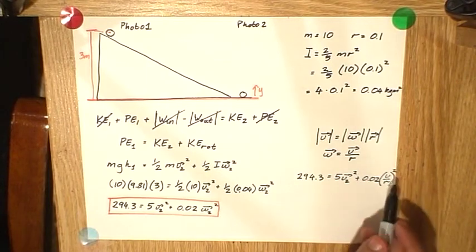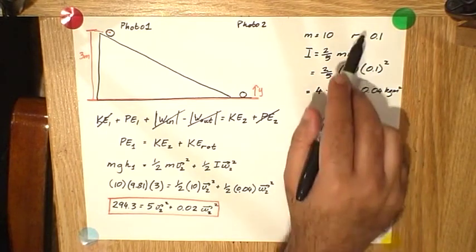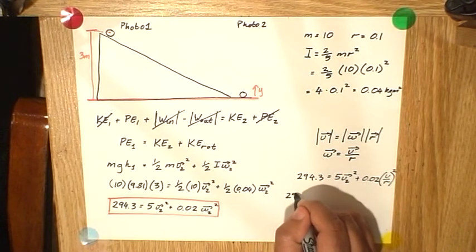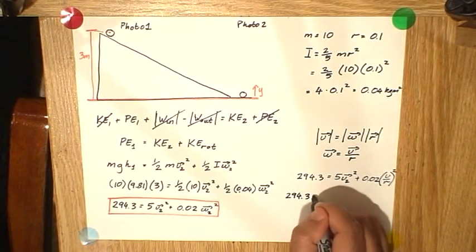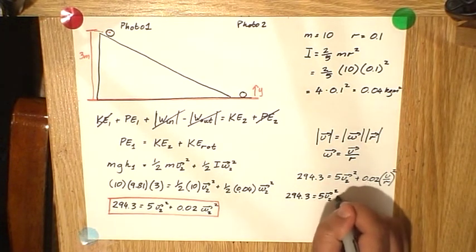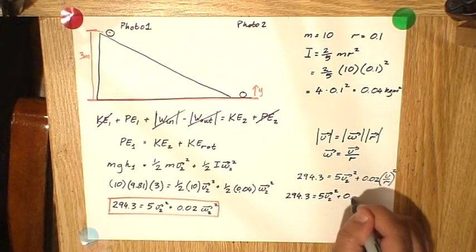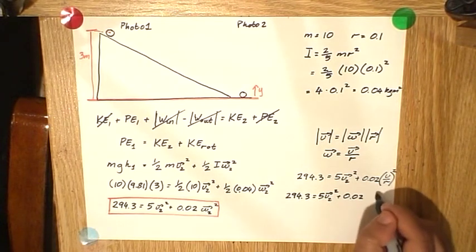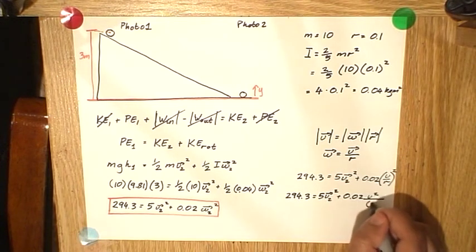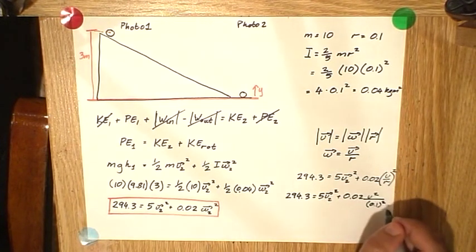Okay, the radius we know. The radius is 0.1. So what does that give us? That gives us 294.3 equals 5 v2 squared plus 0.02 v squared, which we don't know yet, divided by r, but r was 0.1, and that gets squared too.